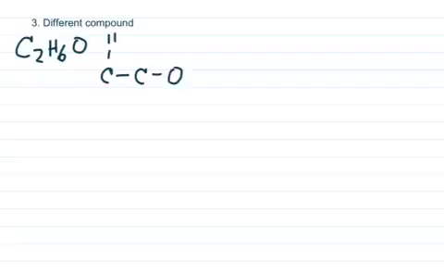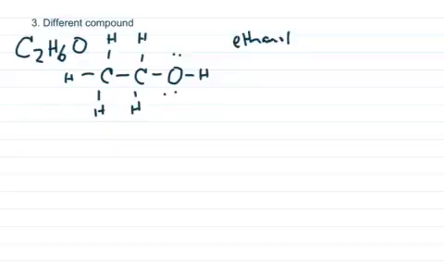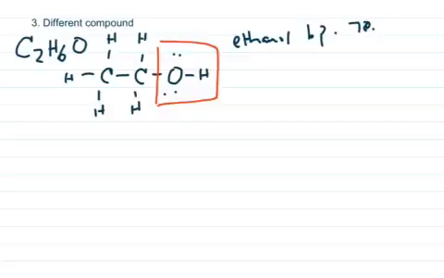Let's just add in our hydrogens. So we drew this structure, and this is known as ethanol. And because of its hydrogen bonding, it's going to have a boiling point of 78.5 Celsius.